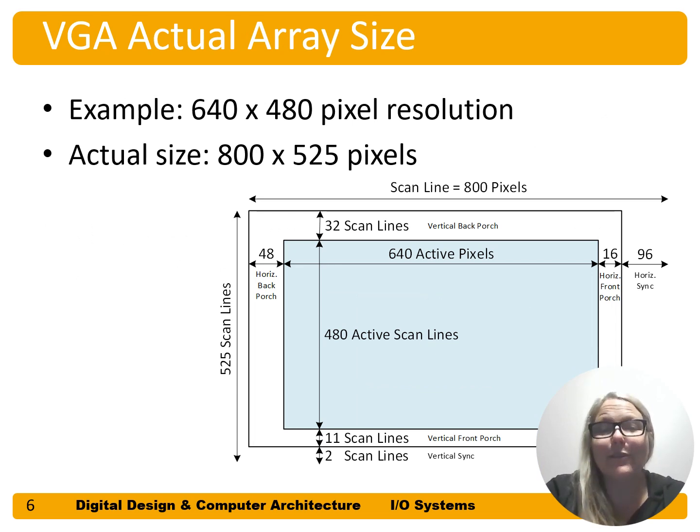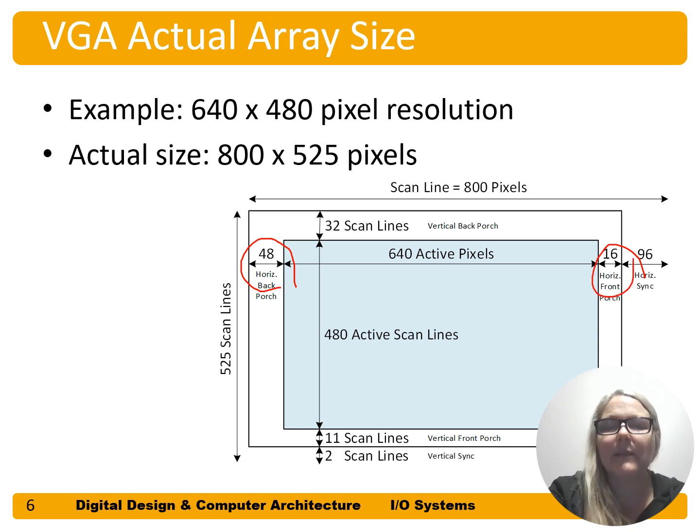So in addition to the active pixels, we also have what we call a back porch, a front porch, and synchronization, quote, pixels, but really it's the amount of time it takes to bring, originally, that electron gun to the beginning. And so the back porch, for example, can have 48 pixels in the one shown here.